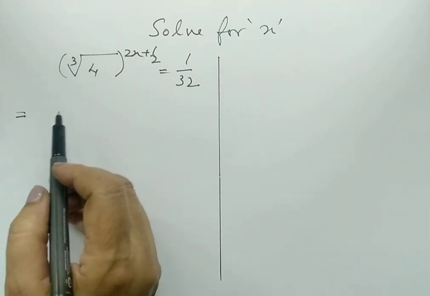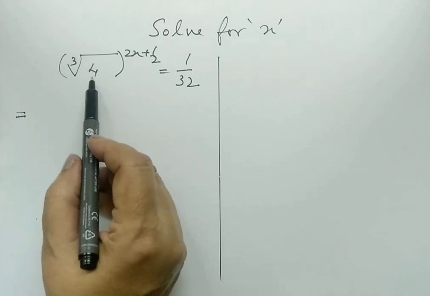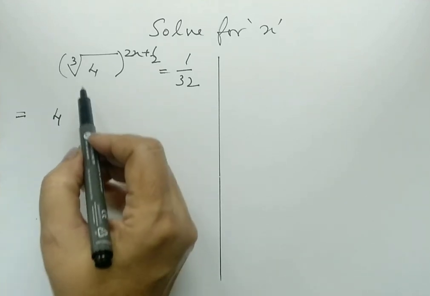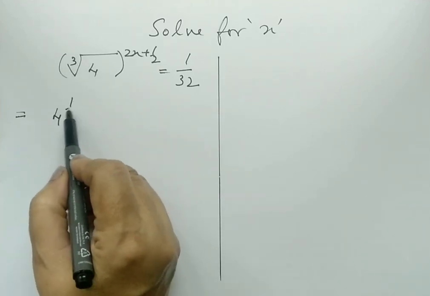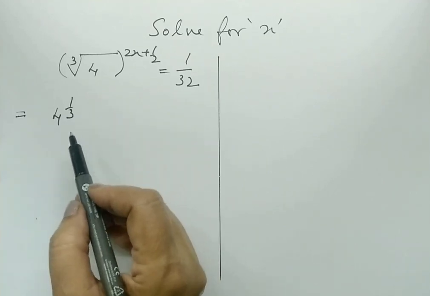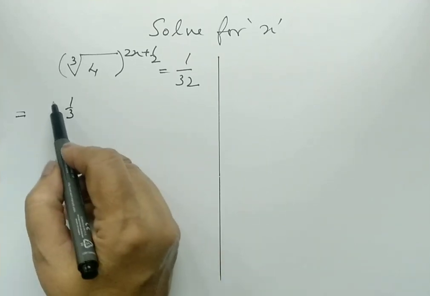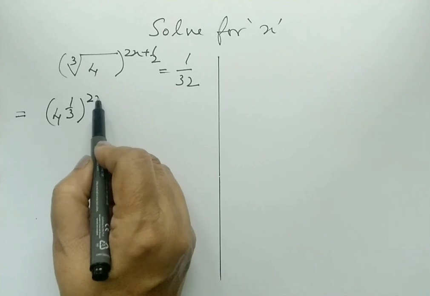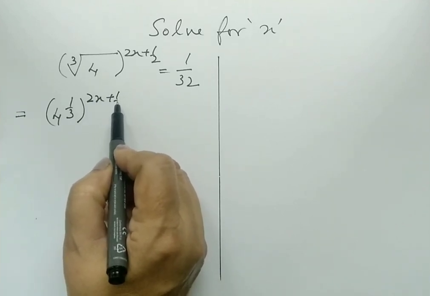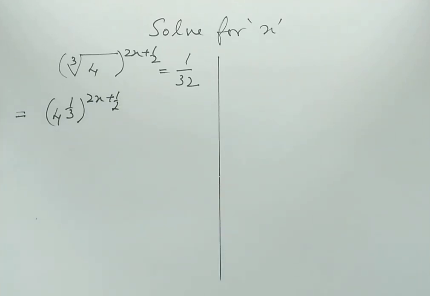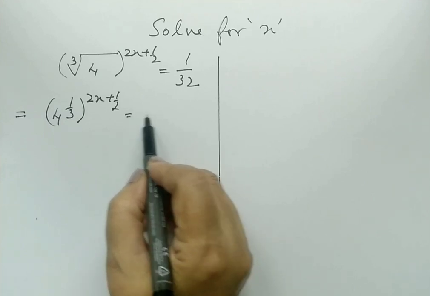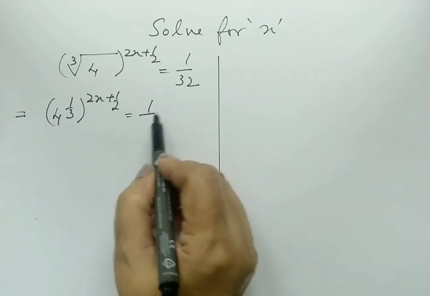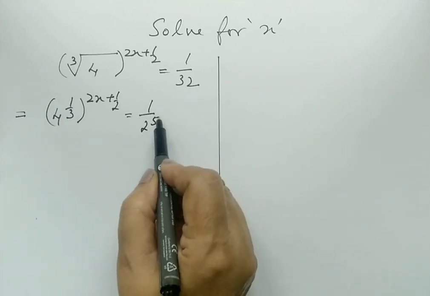So the first step is, since we have 4 here which has got a cube root, it will be 4 to the power 1 by 3, outside 2x plus half as power, and for 32, 2 to the power 5.